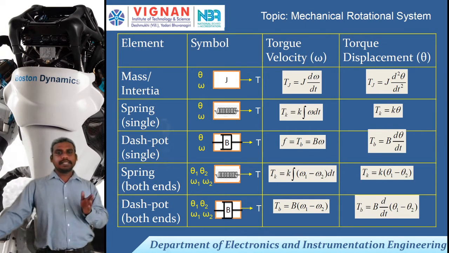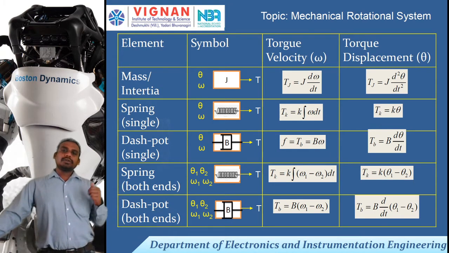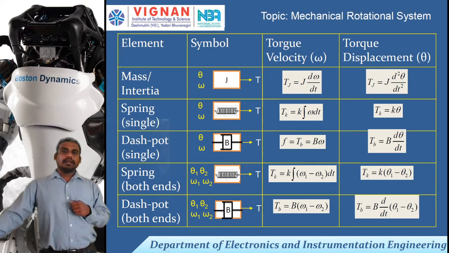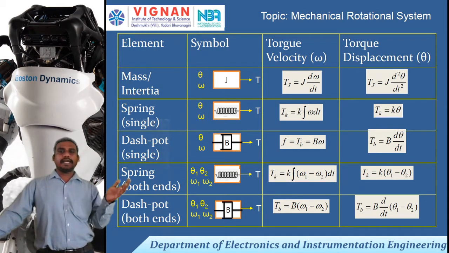Similarly, for velocity, omega 1 on one side and omega 2 on the other. So this is the formula. For the spring, it is Tk equals k integral of omega 1 minus omega 2 dt for torque in terms of velocity. Similarly for torque in terms of displacement, and the same for the damper, but we are not considering any integral terms.